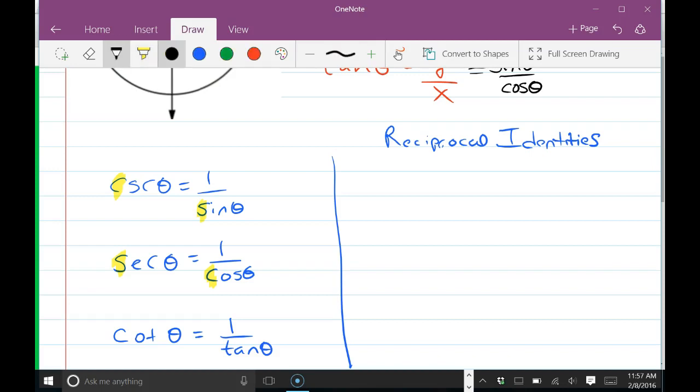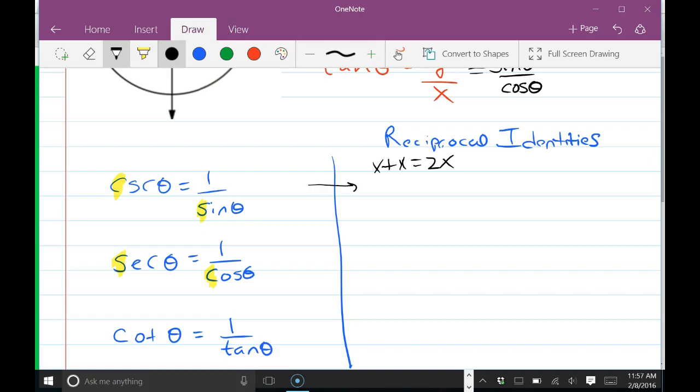With that said, there are some reciprocal identities which are also true. Now, by identity, I mean a statement that whatever you plug in for your variable will always be true. For example, just a quick aside, x plus x equals 2x is true regardless of what you plug in for x. So this leads us to some reciprocal identities.